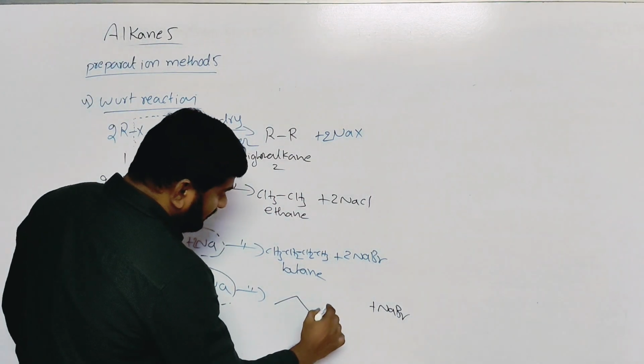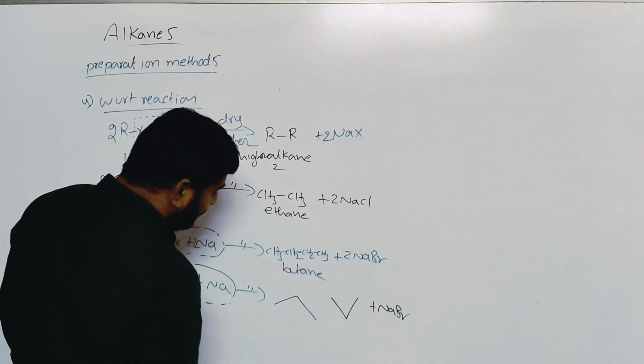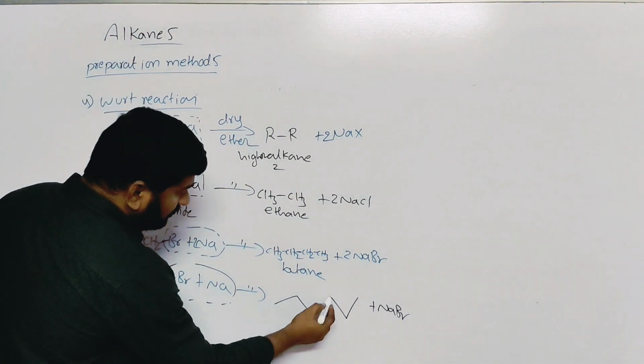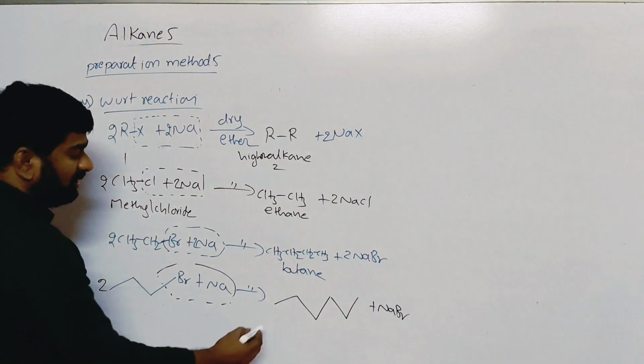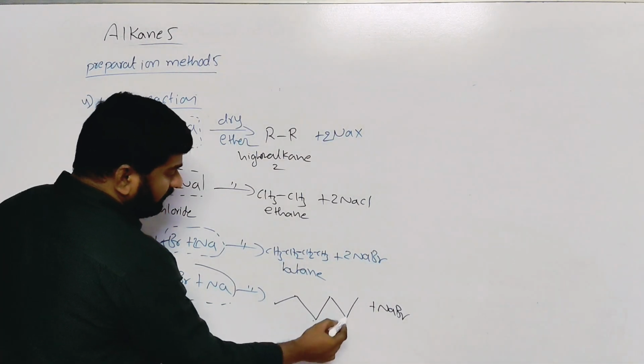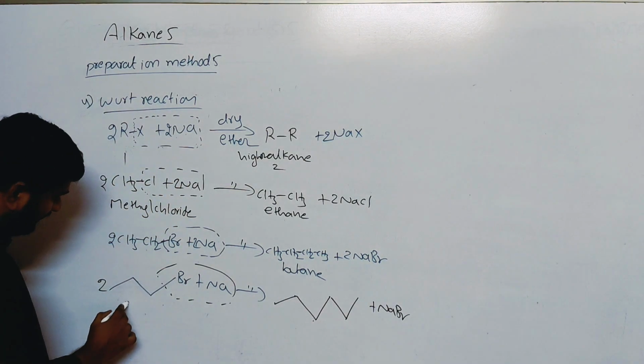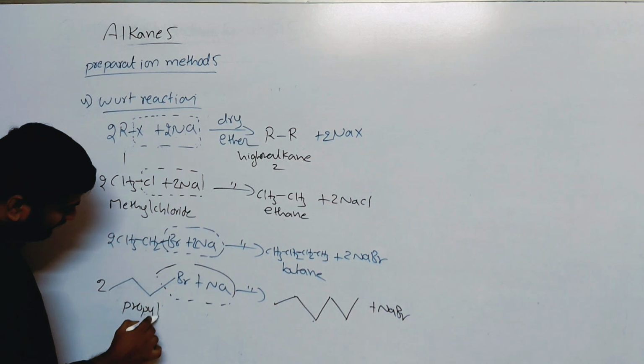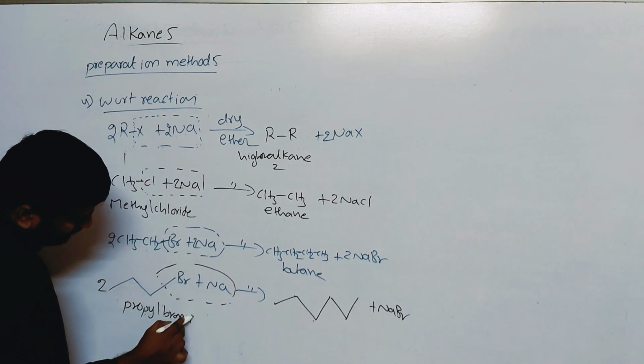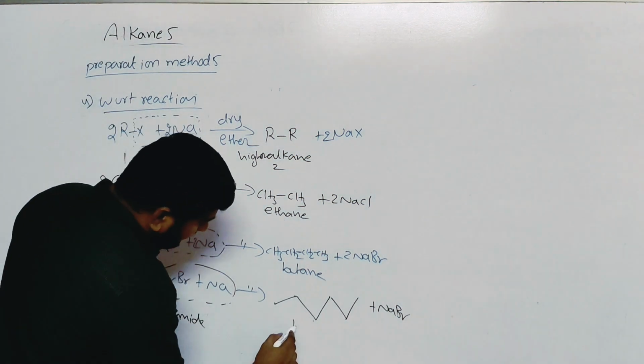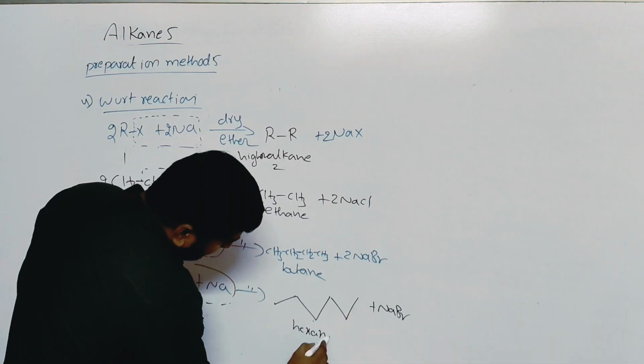In between them you have to write one bond. Then how many carbons? 1, 2, 3, 4, 5, 6. Hexane you will get. If you take propyl bromide, you are getting hexane.